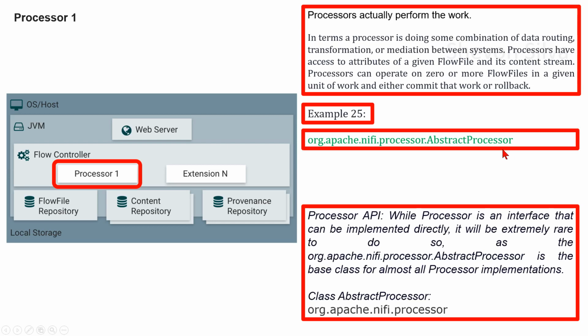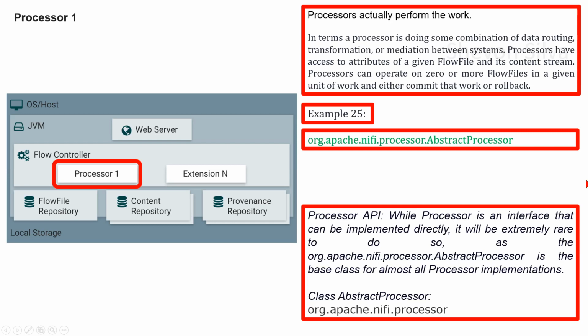The processor is the most widely used component available in NiFi. Processors are the only components to which access is given to create, remove, modify or inspect flow files, data and attributes. All processors are loaded and instantiated using Java's service loader mechanism.